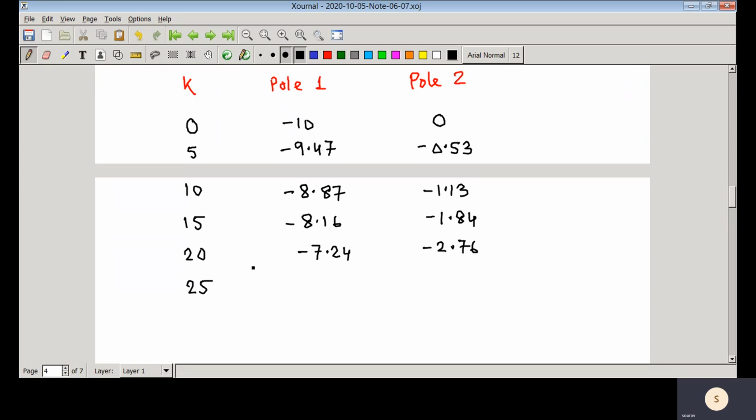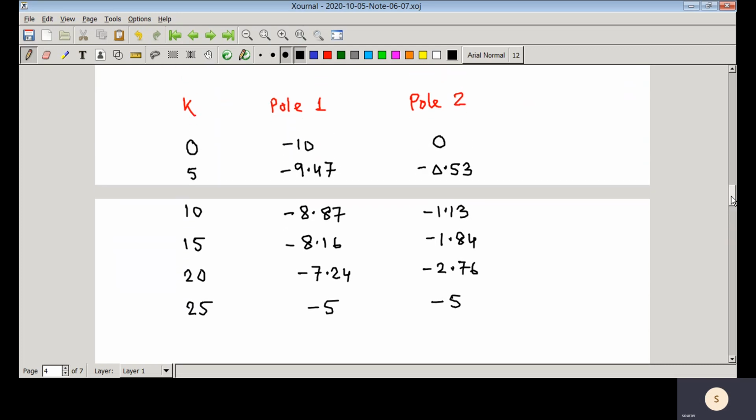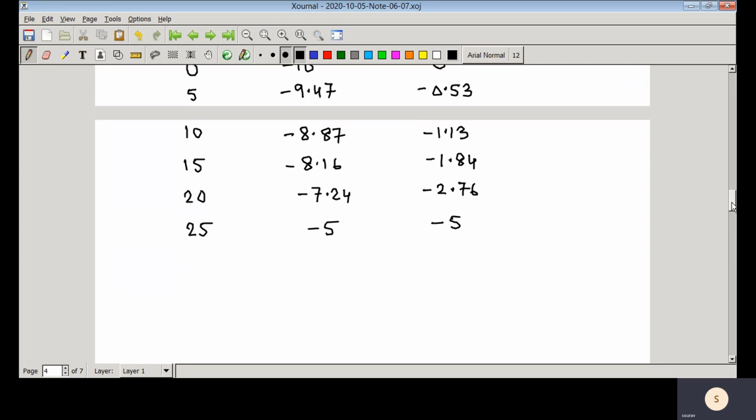When k equal to 25, we get minus 5 and minus 5. So this is actually very interesting, because at a particular value of k, both the poles, pole 1 and pole 2, are on the same location. Now if we keep on increasing that one, then we can see that the poles of the closed loop system now become complex conjugate.